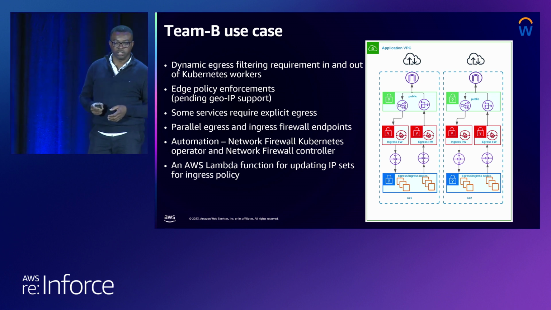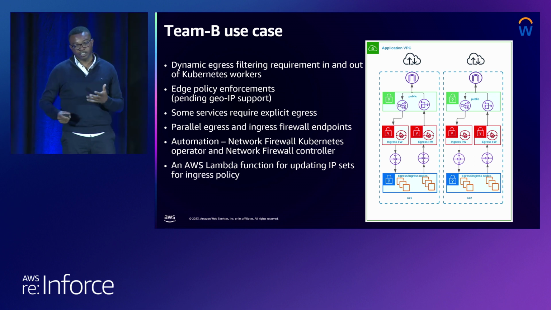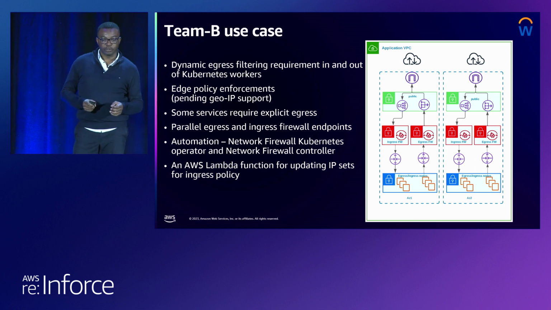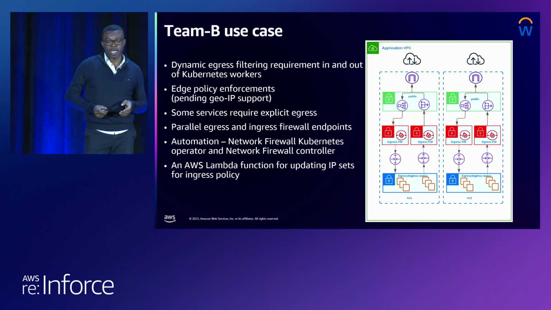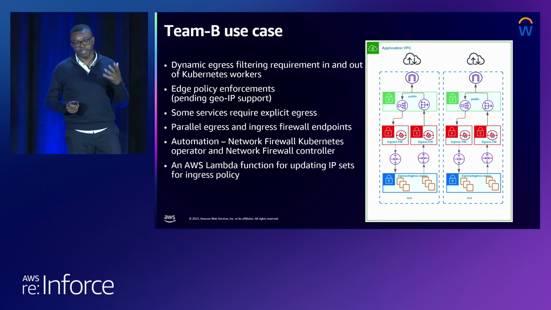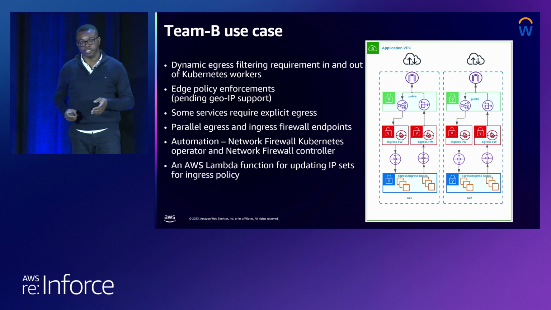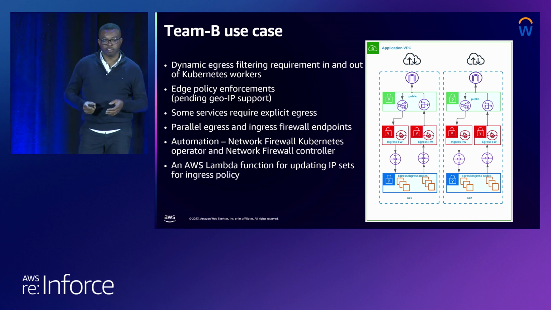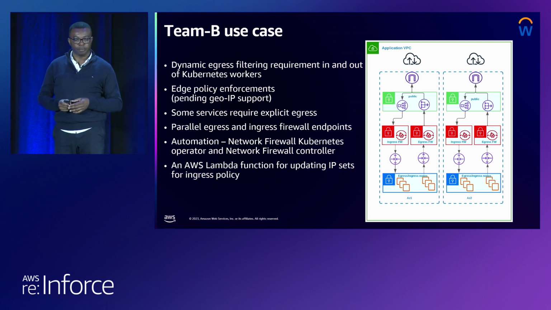They also built quite a few automations in their deployment. One is that they use the network firewall Kubernetes operator. Because the workloads change by IP addresses, they created an IP set for the AWS Network Firewall policy, and this operator updates the IP set with the IP addresses of the workers whenever they change. And they use the network firewall controller to deploy the network firewall as well.